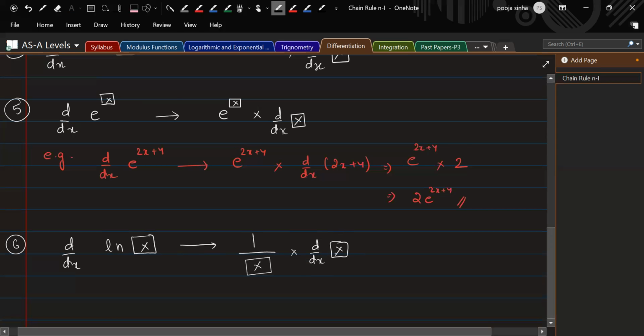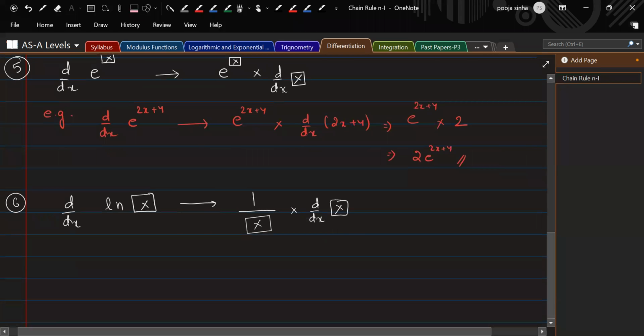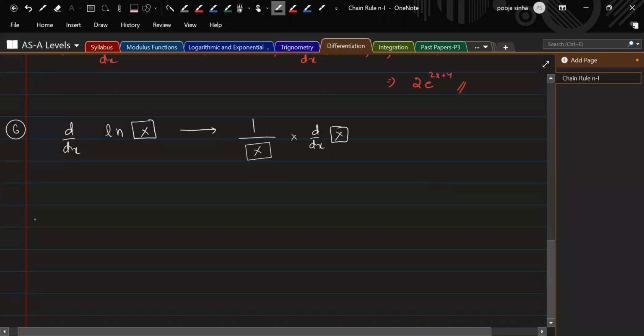So it's 1 upon whatever is inside that bracket, in that box. Clear? Any confusion? Now we will do questions on this.